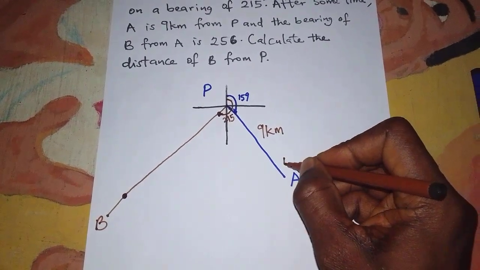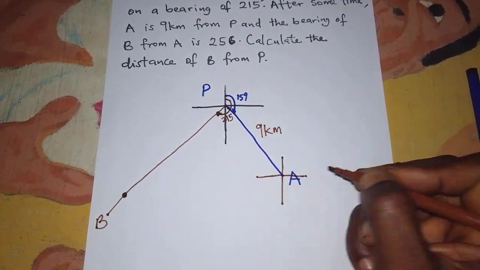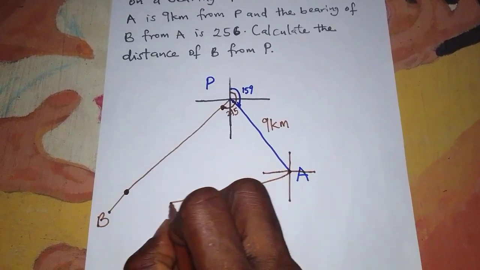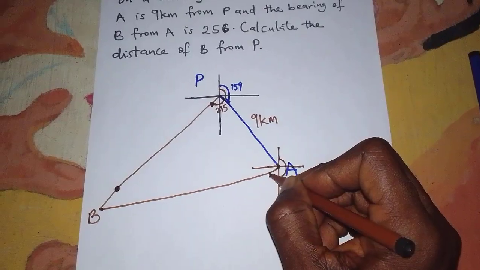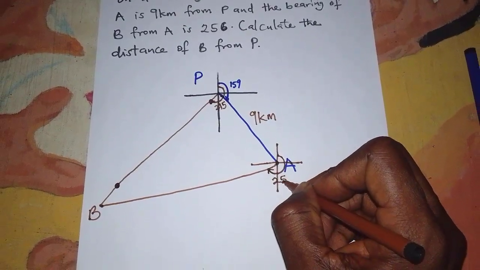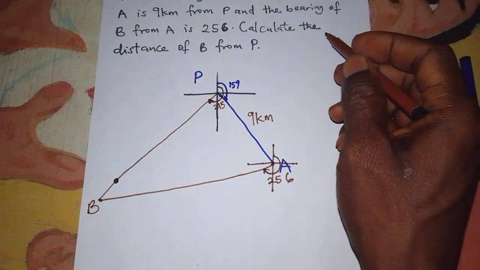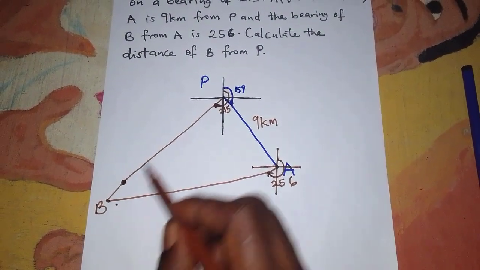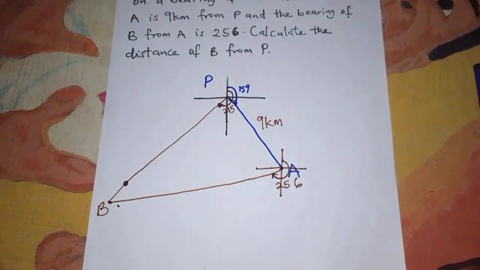If you draw the 4 cardinal points at A, then from the north up to this line is 256 degrees. So now calculate the distance of B from P. You are told to look for the distance from this place to this place.